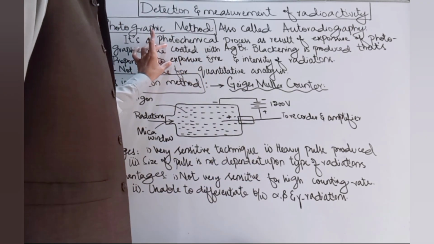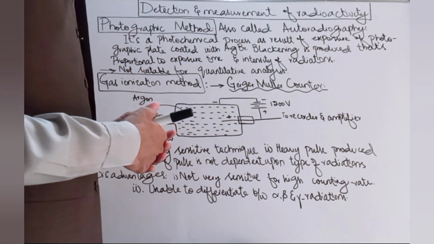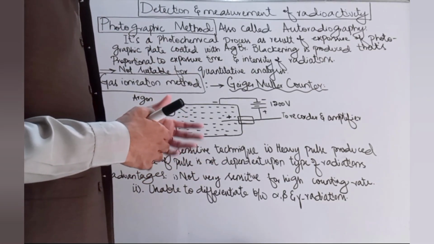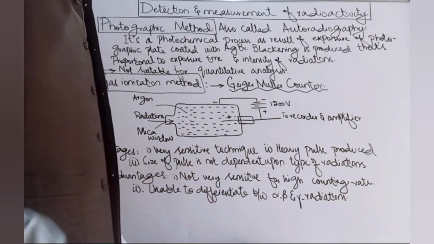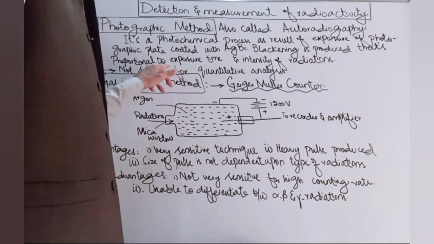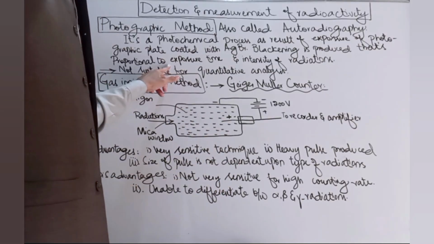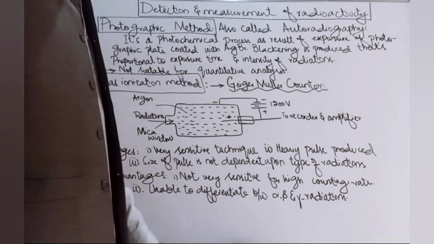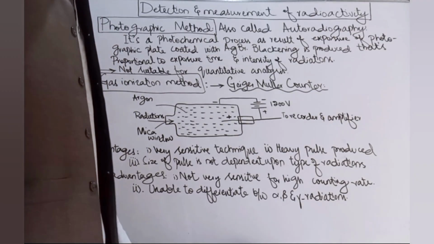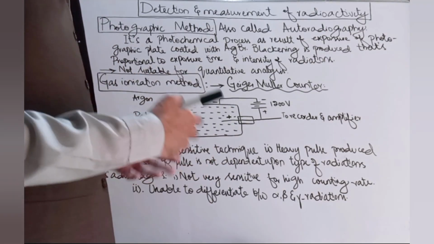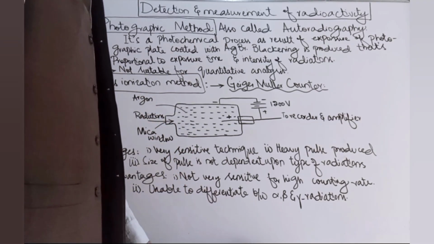After the development of this photographic plate, the patches or blackening are observed by visual methods, or instruments like the photodensitometer are used to study the thickness of patches or the extent of blackening. Based upon the data from the photodensitometer, we can talk about the quantity of the radiation, or the exposure time of the photographic plate to the radiations.